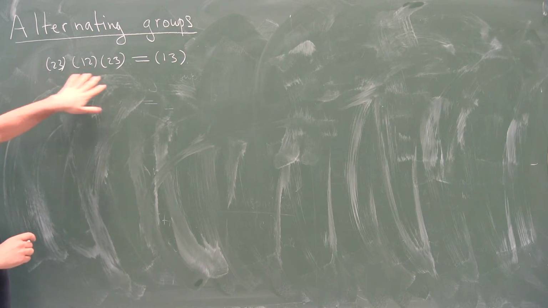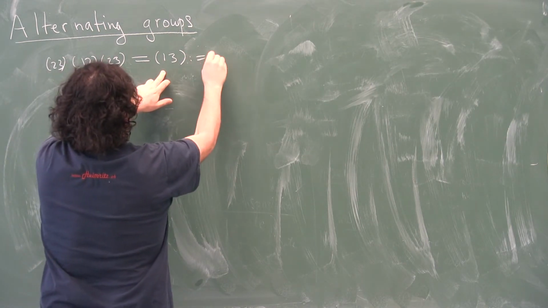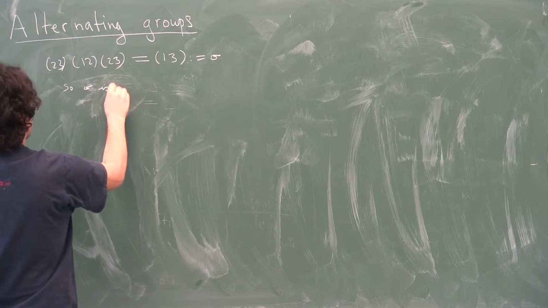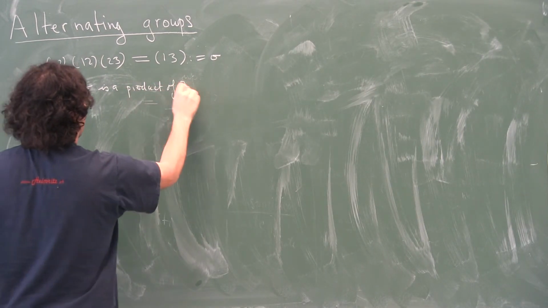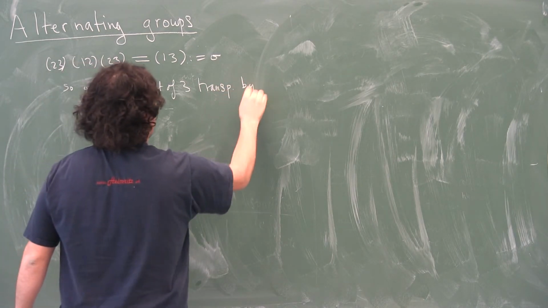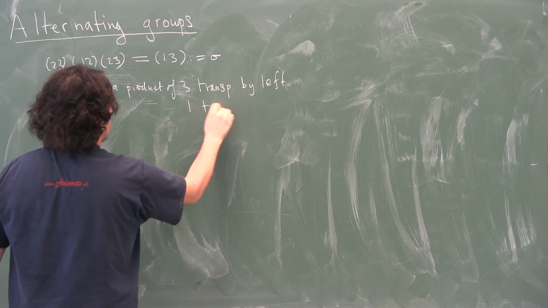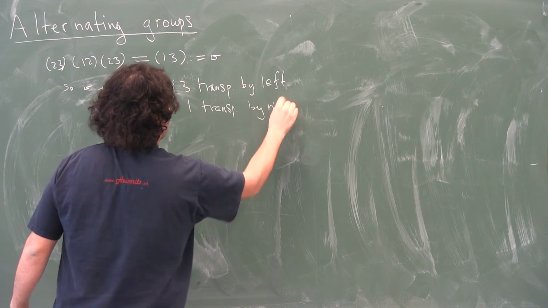But now let's think about just what's going on here. Let's call this sigma. Sigma is a product of 3 transpositions by left and 1 transposition by right.